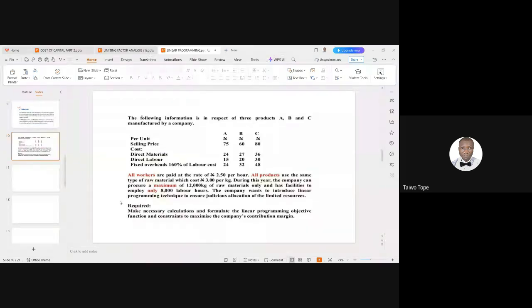Yes. Looking at this question, we have three products, product A, B, and C. We have the selling price for each of the products given.